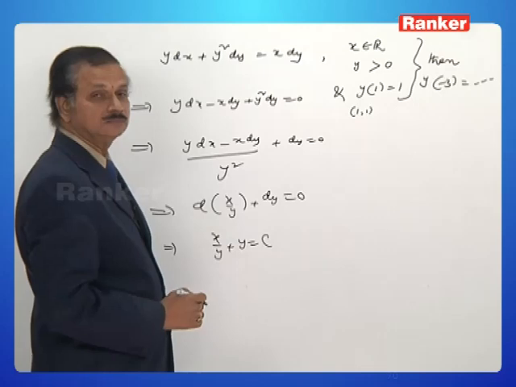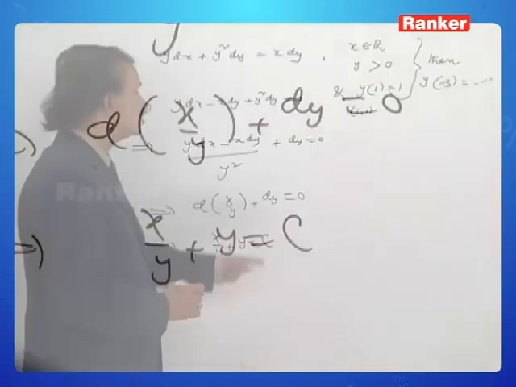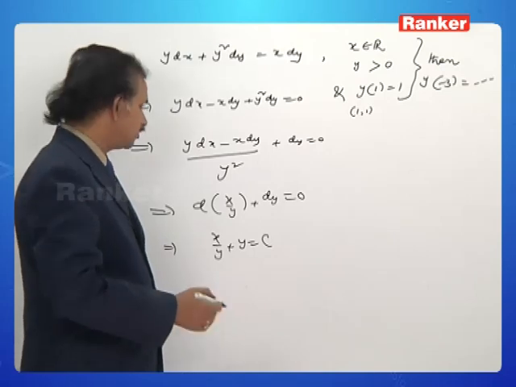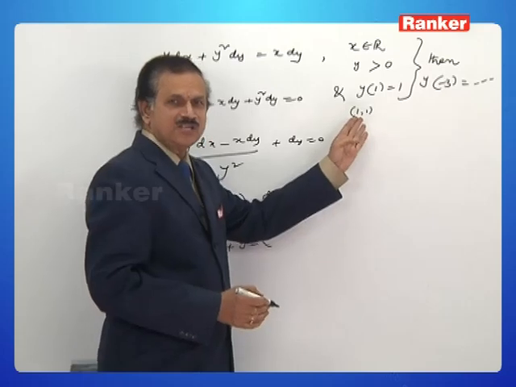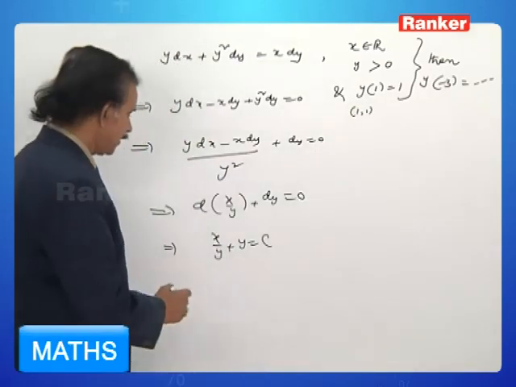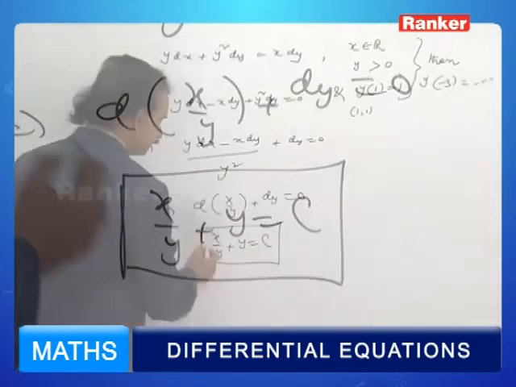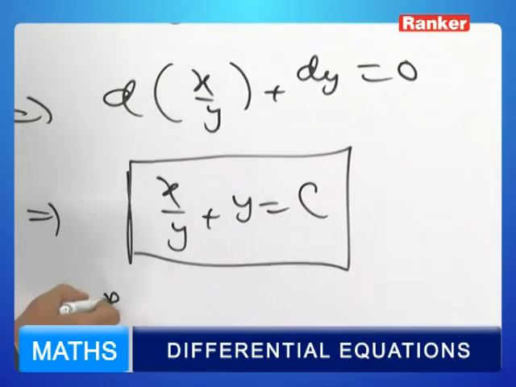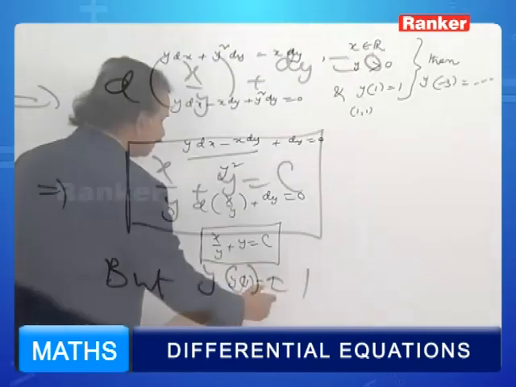Now, the first responsibility is to find c. How to get c? He has given us a piece of information here. It passes through (1, 1). y at 1 is 1.